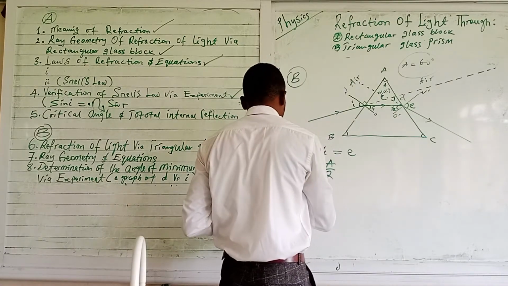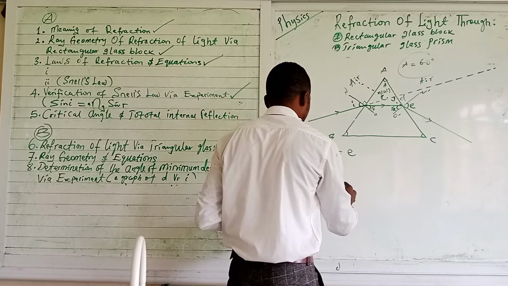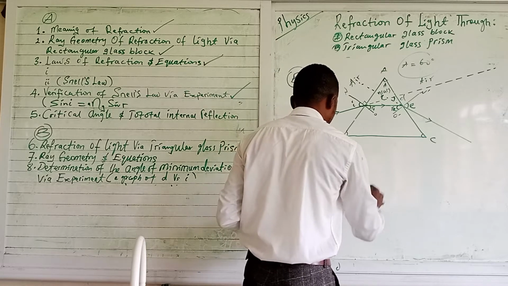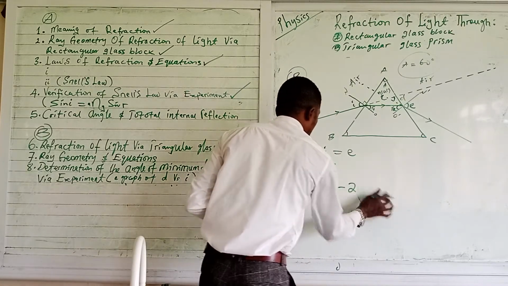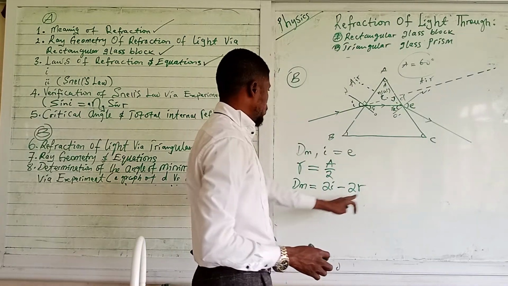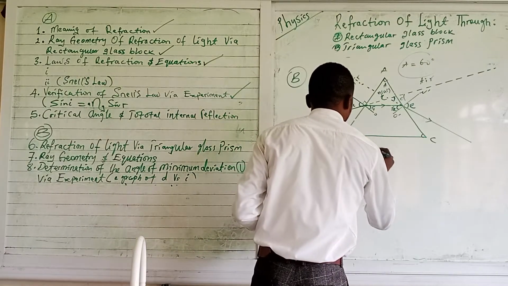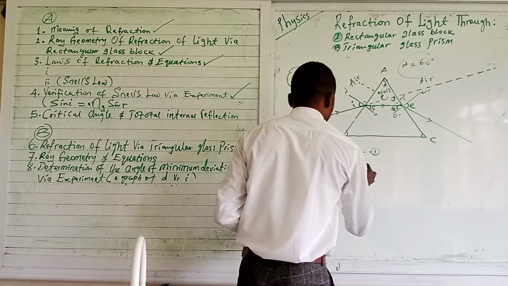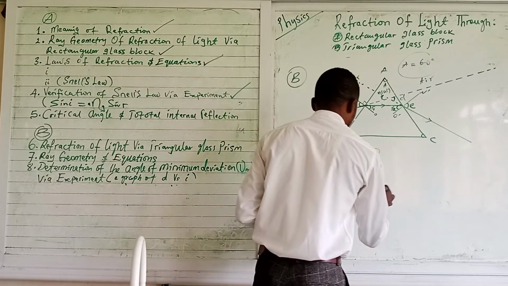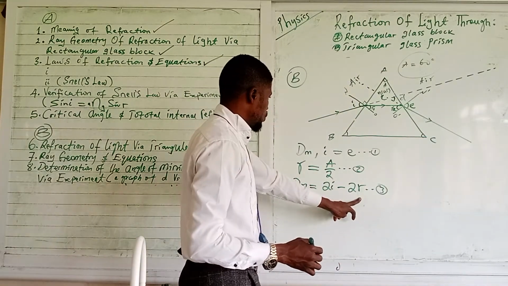So for this reason, mathematically from here, the angle of minimum deviation is given as what? 2I minus what? A. Sorry, minus 2I. So you can call this equation number 1, call this equation number 2, call this equation number 3. But we say that R is what?